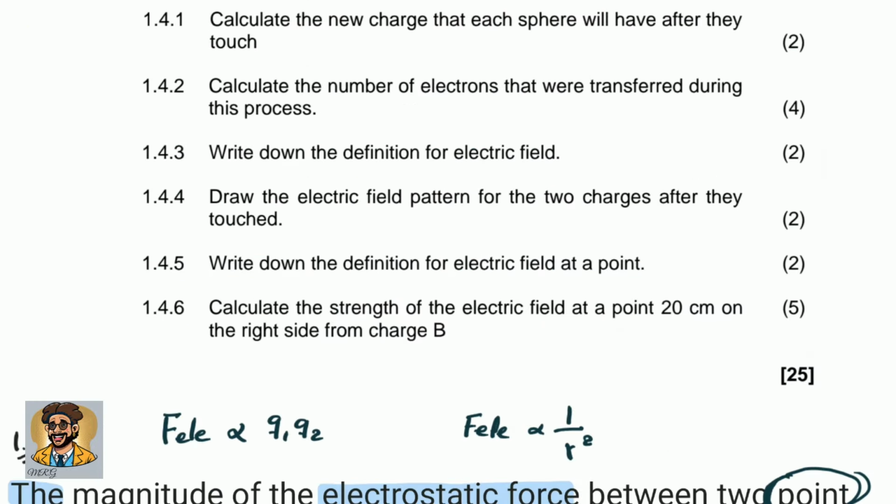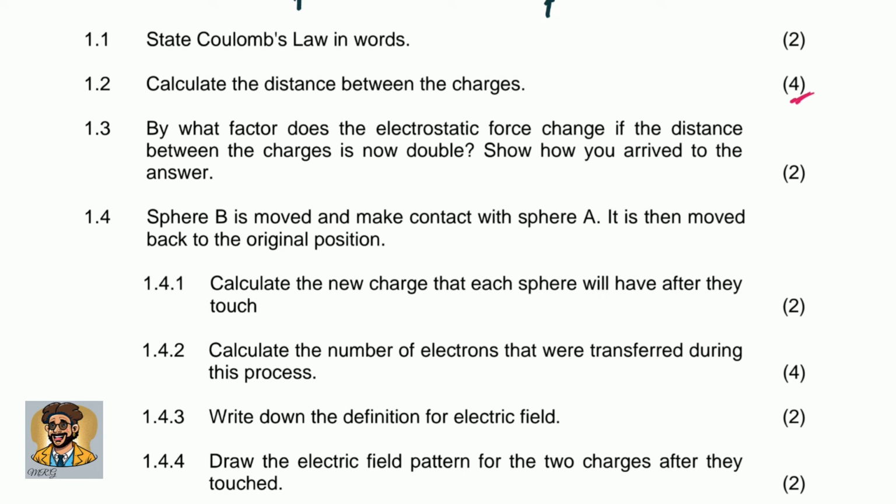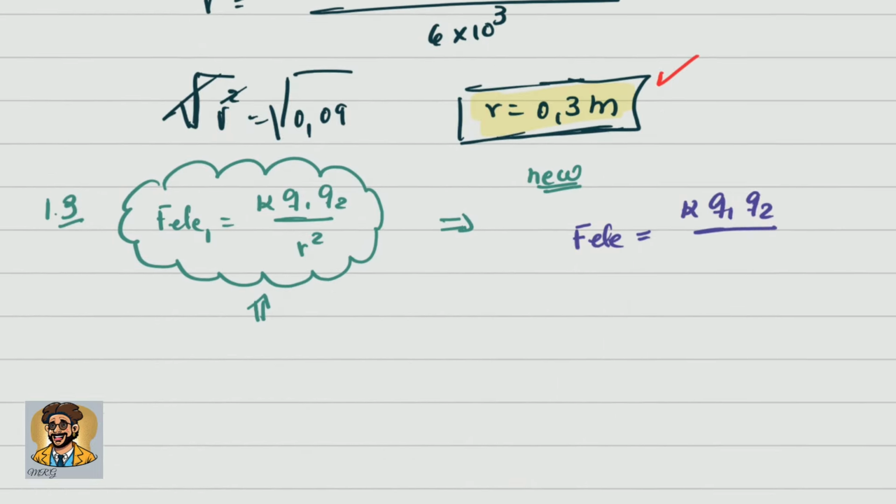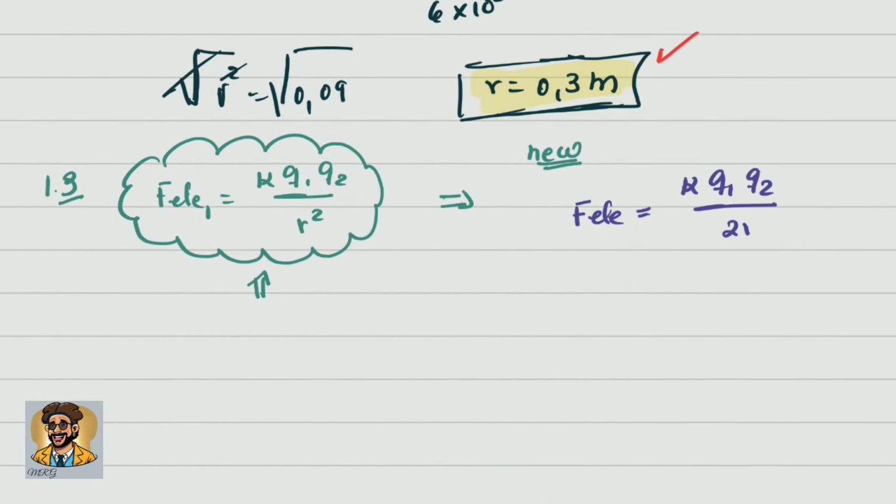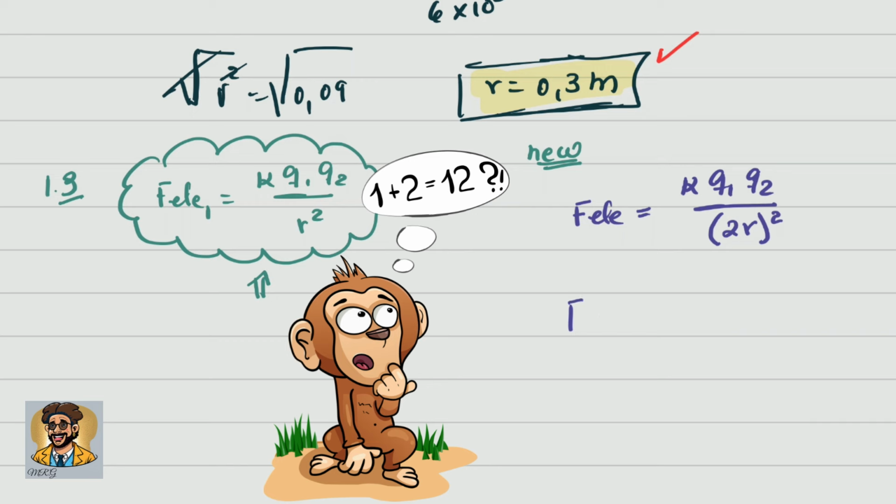If you go back to the question, you make sure you always go back and read carefully. The distance between them is double, so it's 2 times the distance that was before, and all this must be to the power 2. Now this one is mathematics. We have to work a little bit with mathematics.